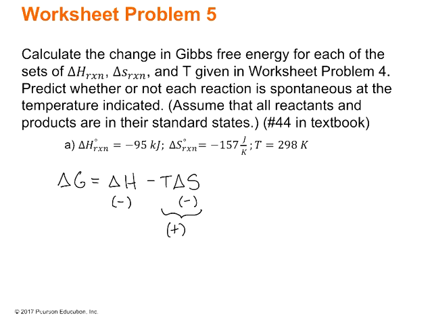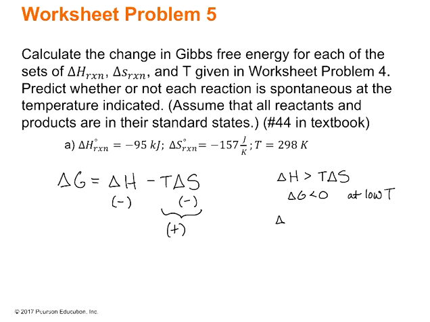Okay, so we need to see if the temperature gives us a negative or a positive value for delta G. All right, so if delta H is greater in magnitude than T delta S, that means that delta G will be negative because delta H is negative, it's greater in magnitude. So delta G will be negative for this situation, and temperature will be pretty small because T delta S is small.